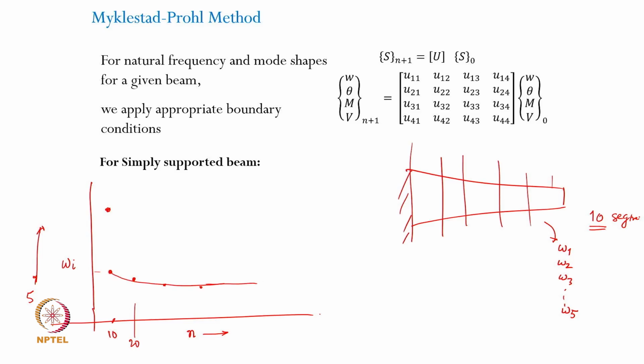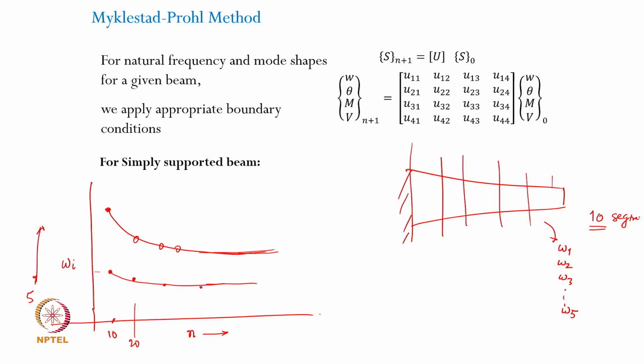Similarly for omega 5, if you plot with fewer segments, you are bound to get some error, but after some number of segments, the difference in the value of the 5th natural frequency is not much at all.